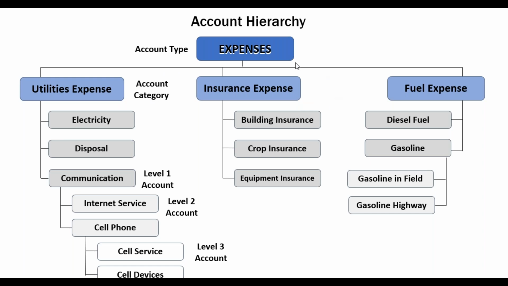Every account type will have a list of account categories. Those are also predefined and describe agricultural accounting practices. We've given an example here of 3 different account categories, but expenses has a very long list of different account categories. And the account categories are used to organize the accounts in each account type.